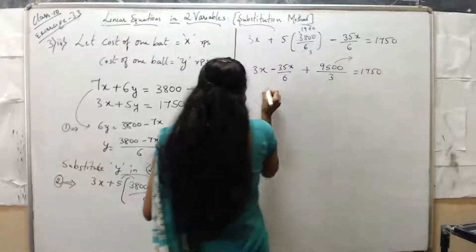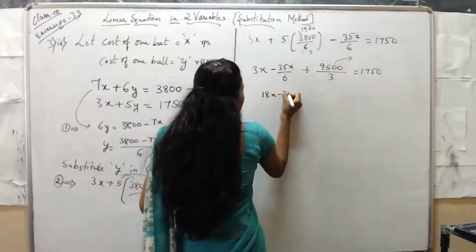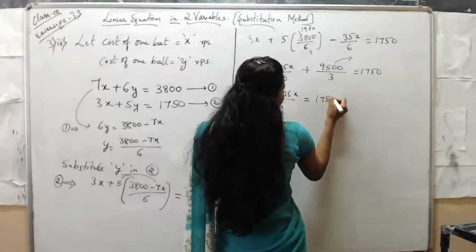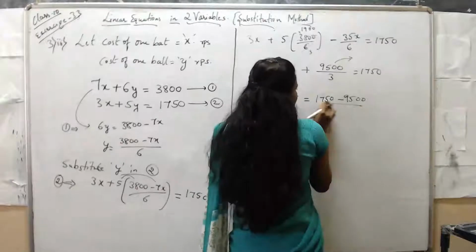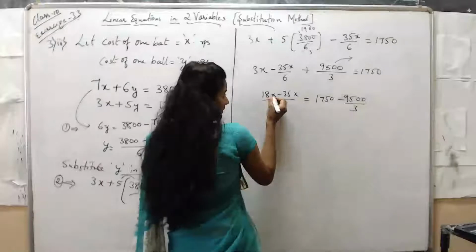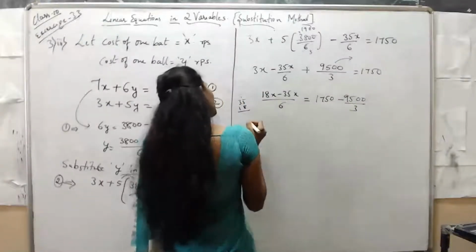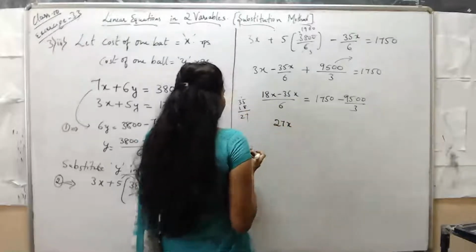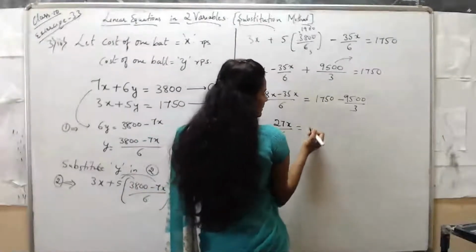Take this to the right side and take the LCM. 6 threes are 18x minus 35x divided by 6, which is equal to 1750 minus 9500 by 3. This simplification is very lengthy, so you should have some patience. In 35, if you subtract 18, what happens? It is 17. So minus 17x divided by 6 is equal to how much?